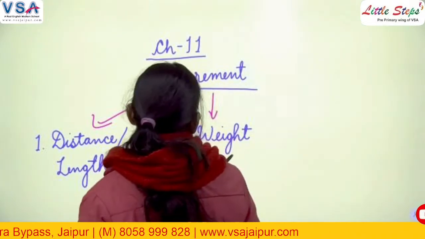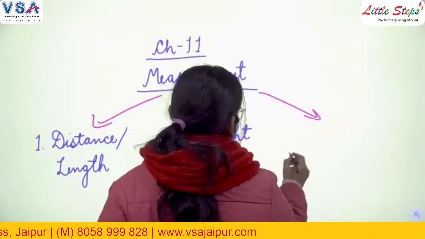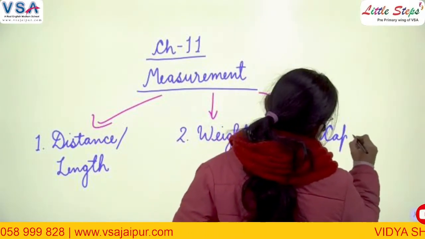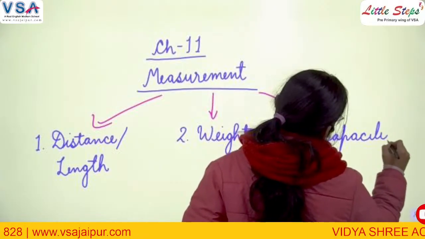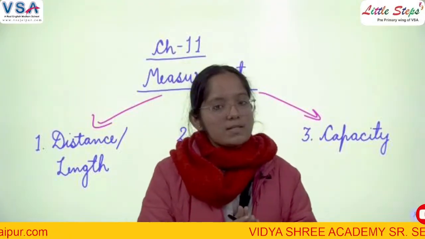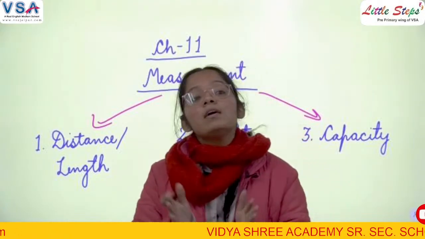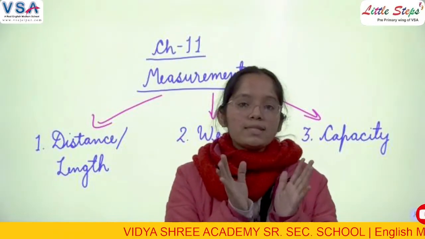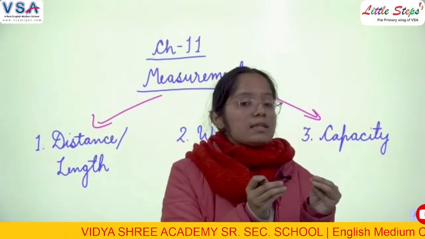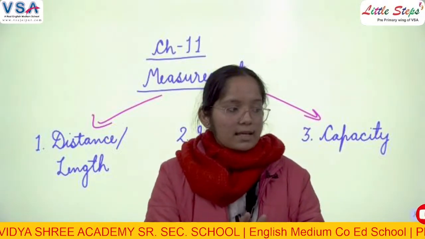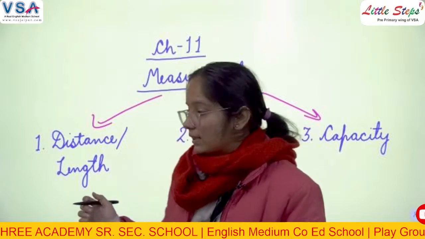And third is capacity. What is the meaning of capacity? The amount of liquid one container can hold is known as capacity. Means कितना पानी या कितना liquid एक container में आ सकता है, that is known as capacity.